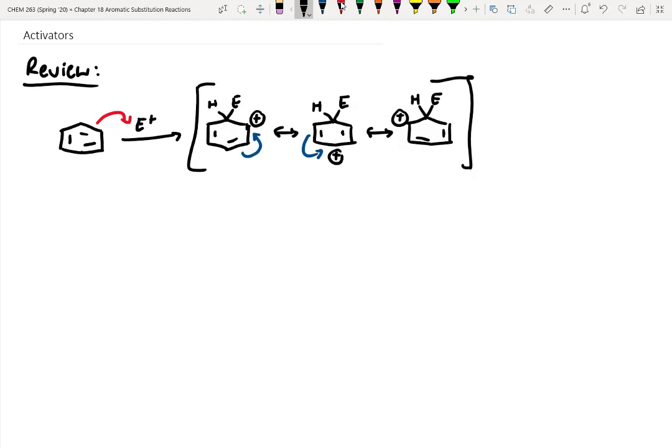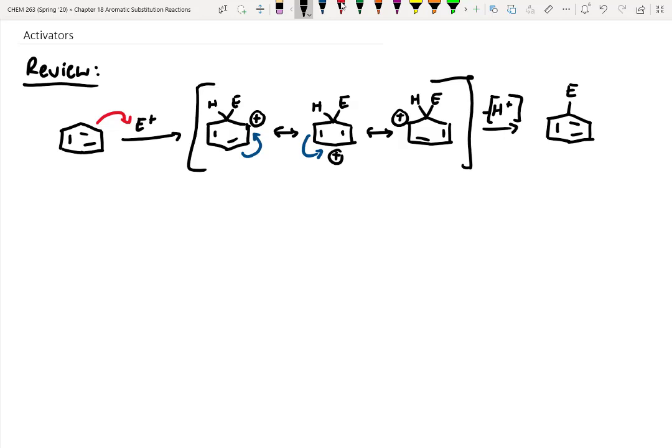And then last but not least, we can do that final deprotonation, which I'll just call minus H+, using some sort of incredibly weak base to restore aromaticity, and we can get to our final product where our electrophile is just installed correctly and aromaticity is restored.